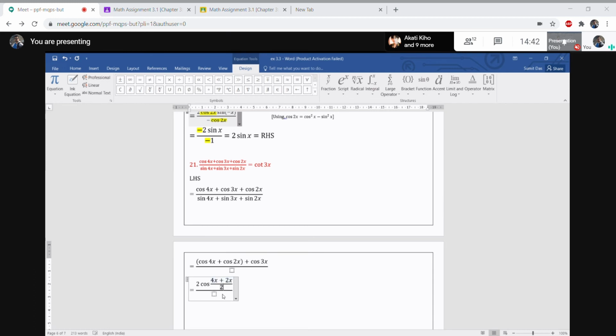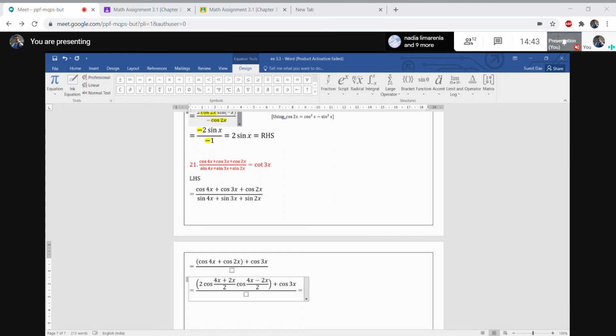First let me show why I write it like this. So cos of x plus y by 2 into cos of x minus y by 2, where x is 4x: 4x minus 2x divided by 2. This is what we have inside the bracket, plus cos 3x.